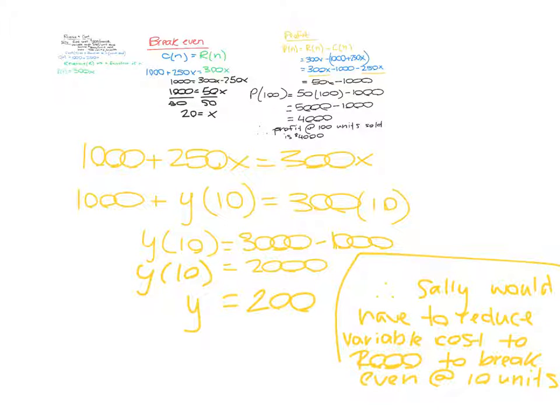That's just it. That's completely how to do revenue and cost examples for sum and differences of functions.